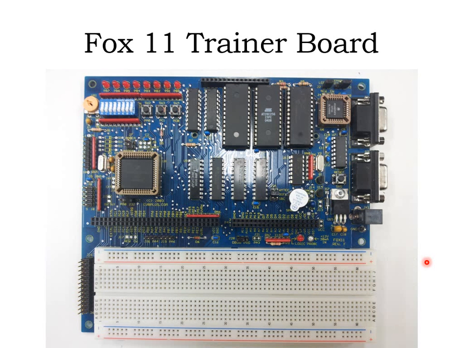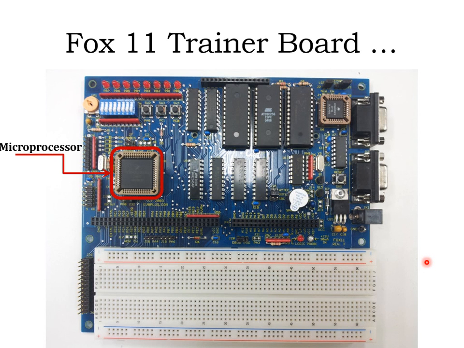As you can see, we have plenty of different ICs and components here, and over time we'll be learning about most of it. But at the very beginning, what we should look at is where we have our microprocessor, because as you all know, a microprocessor is nothing but a chip, right?